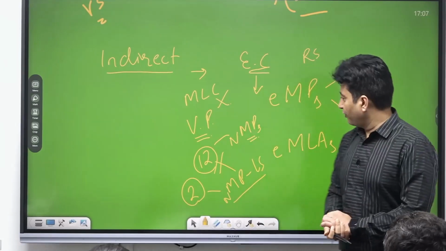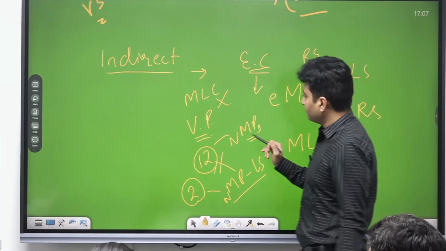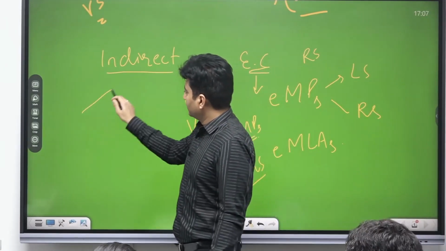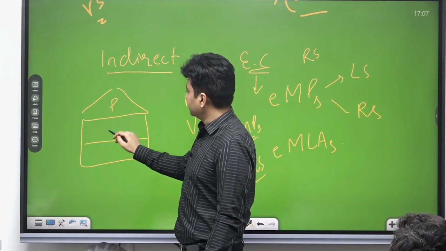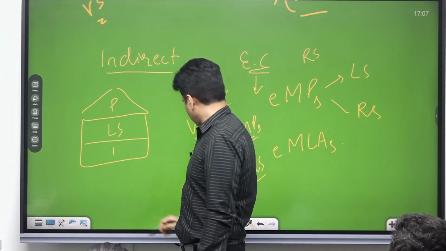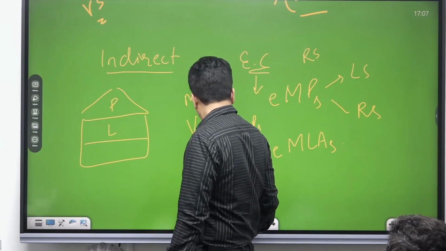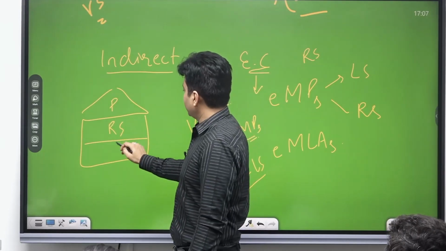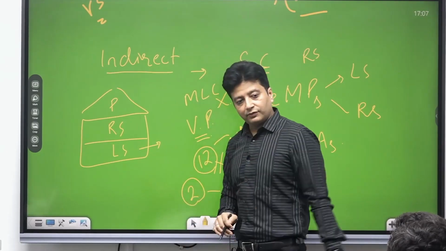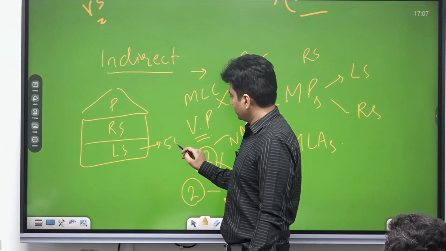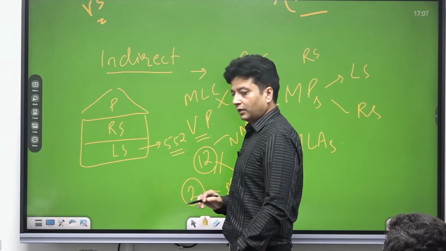Now, if we talk about the numbers in the parliament, we have the president, Rajya Sabha and Lok Sabha. So what is the maximum strength of Lok Sabha? It is 552, right?